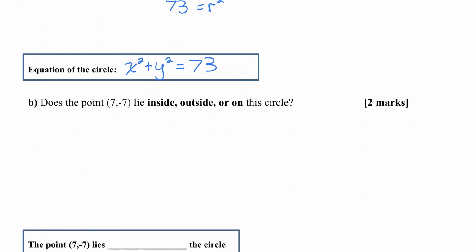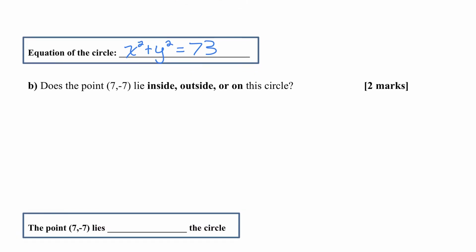Part B says, does the point (7, -7) lie inside, outside, or on this circle? I can answer this question just by taking this xy point, subbing it into x and y in the equation of my circle, and seeing if my answer is less than, equal to, or greater than 73. So I'll split the equation of my circle into its left side and its right side.